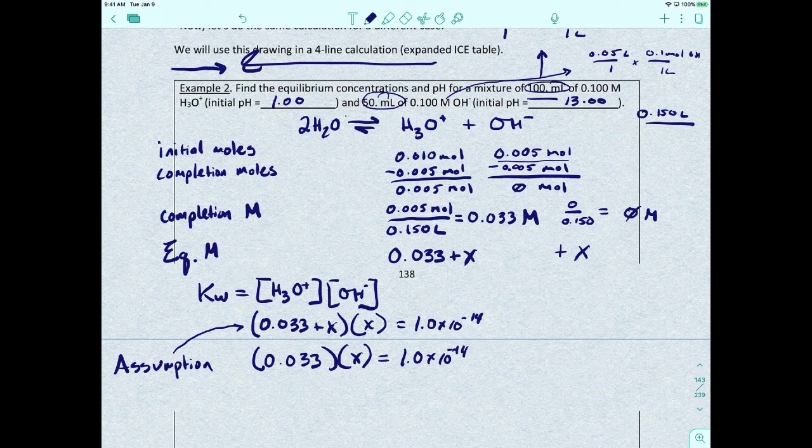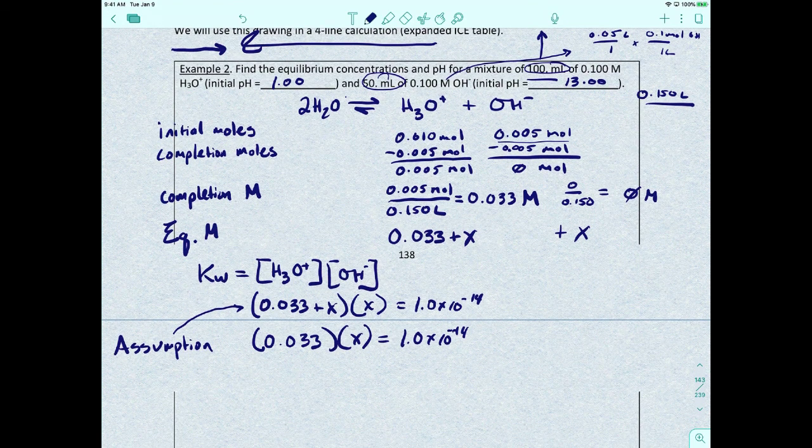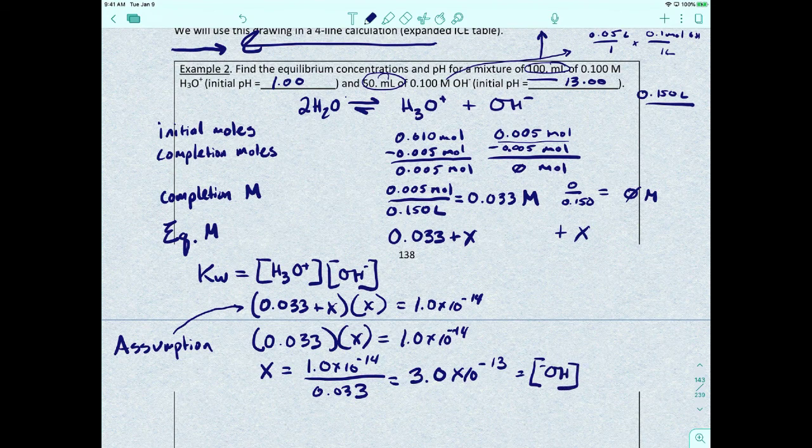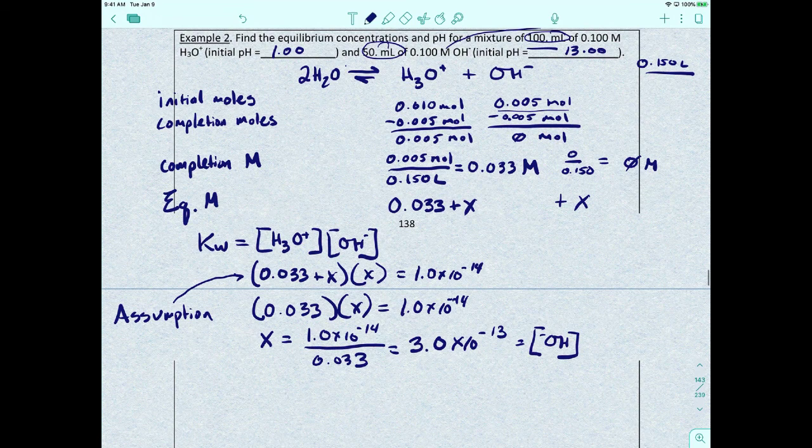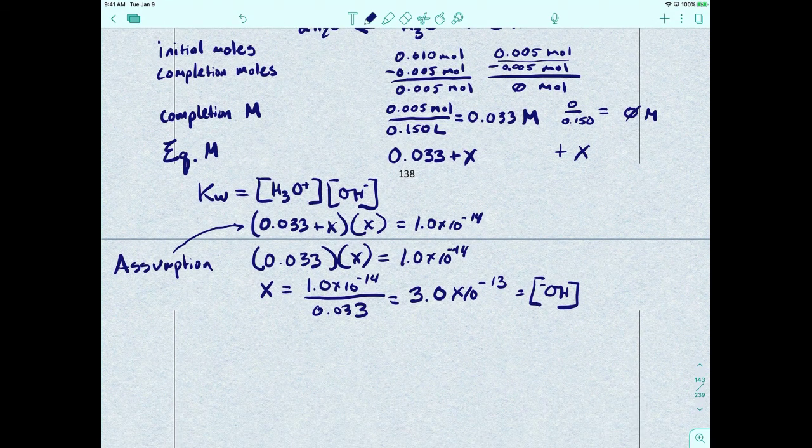Simplifying, 0.033 times X equals 1.0 times 10 to the minus 14th. Solving for X, that's 1.0 times 10 to the minus 14th divided by 0.033, which comes out to be 3.0 times 10 to the minus 13th. This is your concentration of hydroxide ion, so that's how much hydroxide ion is left at equilibrium.